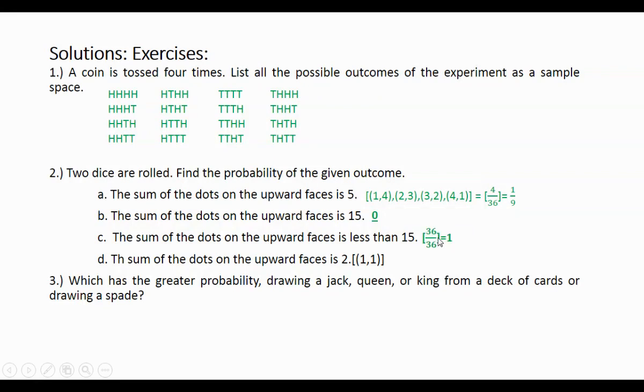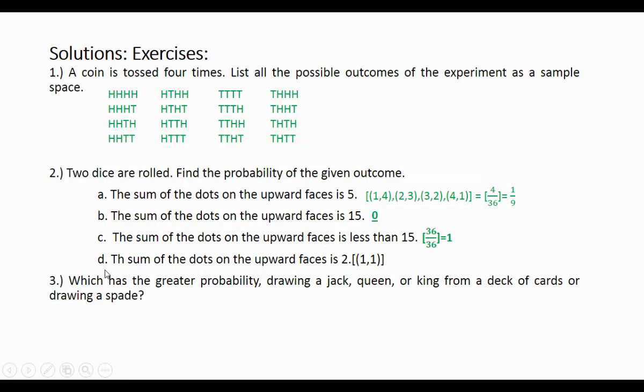So this is simply, because there are 2 dice, 6 times 6 over the list of all possible outcomes, which is the same 6 times 6, that is 36. So the probability of all the possible outcomes when the sum of the upward faces is less than 15 is simply equal to 1.